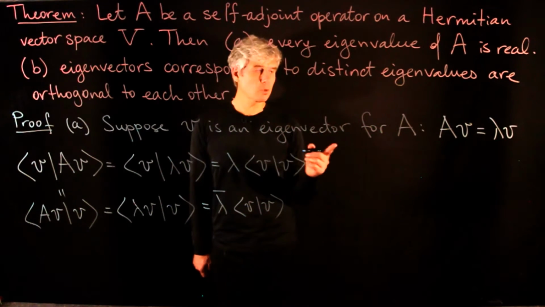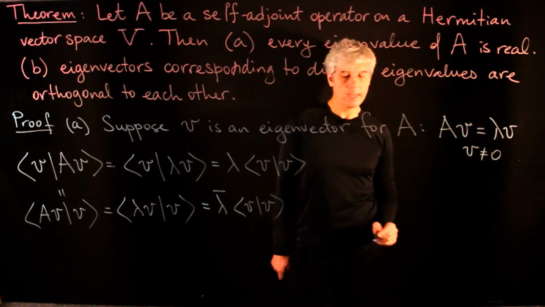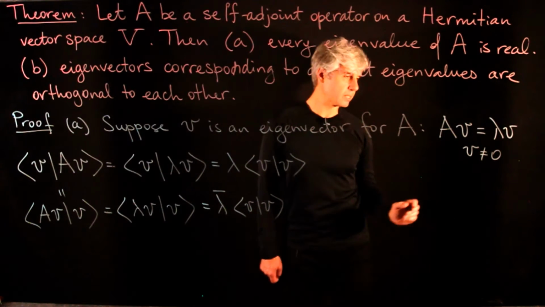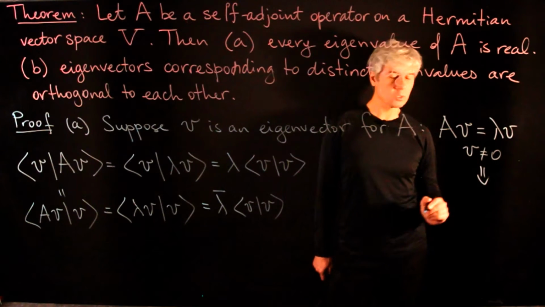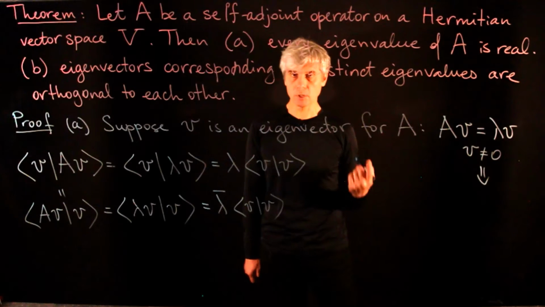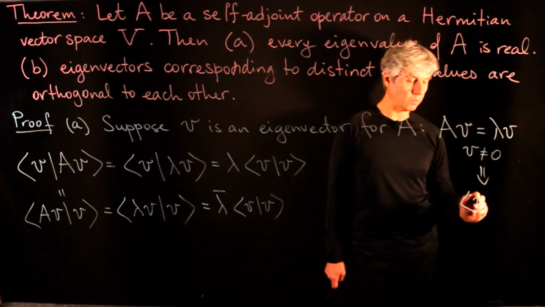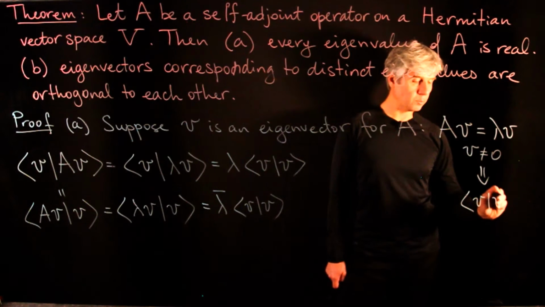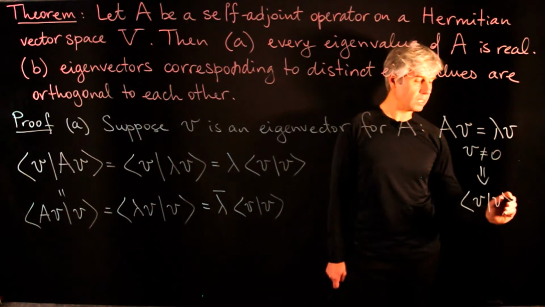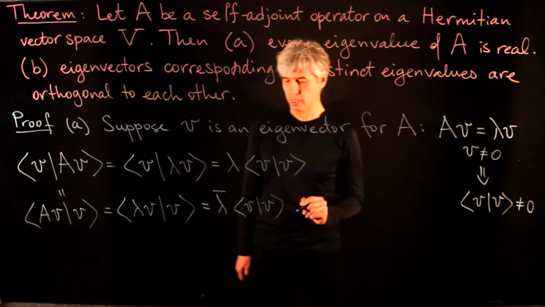Well, by definition of an eigenvector, V is not zero. And this implies, by the properties of a Hermitian scalar product, which is positive definite, that when we take the scalar product of a non-zero vector with itself, the result is non-zero. In fact, it is a positive real number.